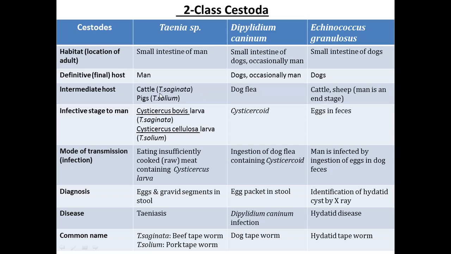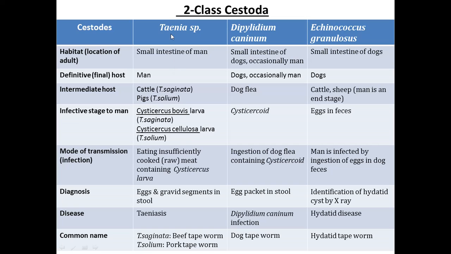Okay. Then the infective stage which infects the definitive host. The infective stage in case of Taenia species is Cysticercus. In case of Taenia saginata, the infective stage is called Cysticercus bovis. In case of Taenia solium, the infective stage is Cysticercus cellulosae larva.